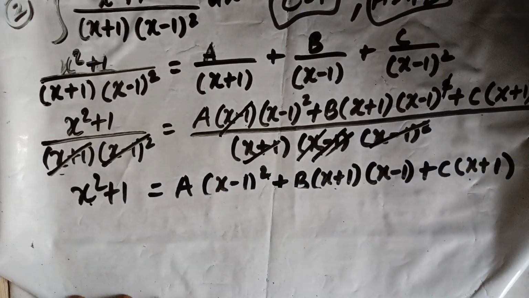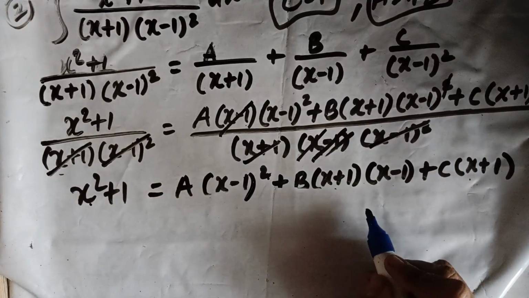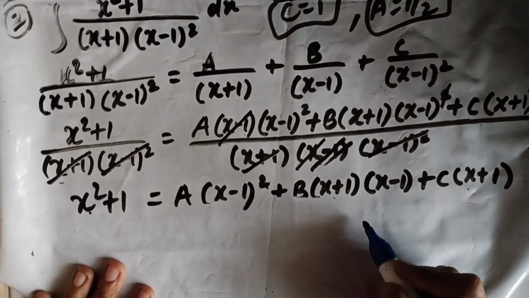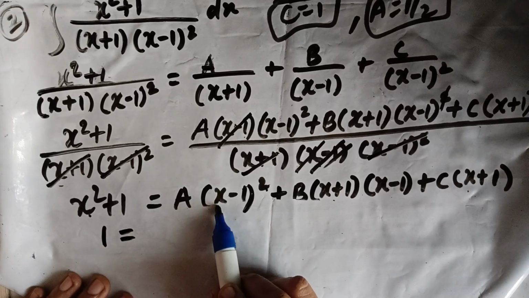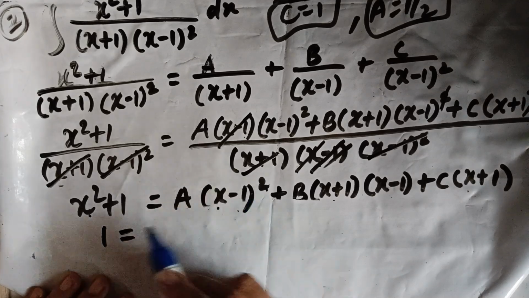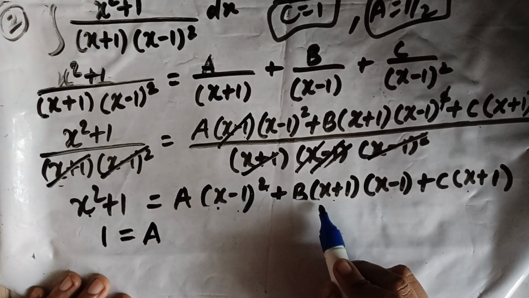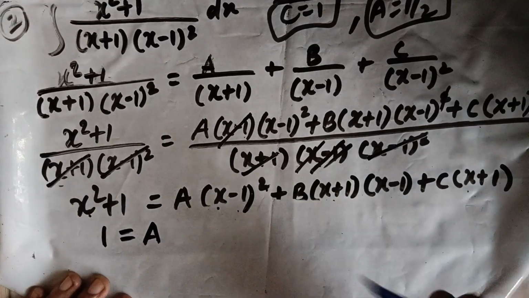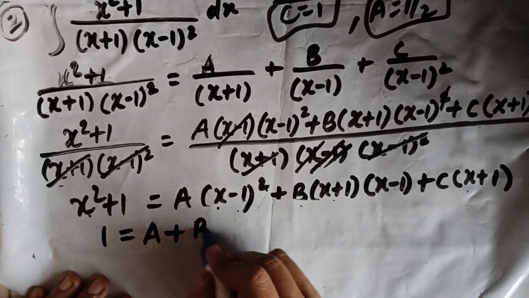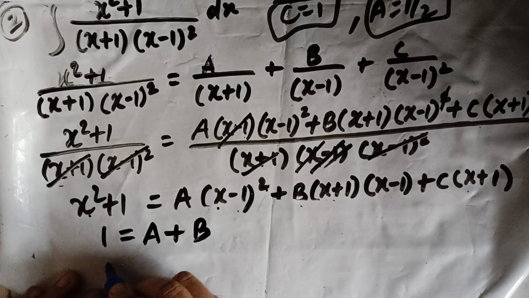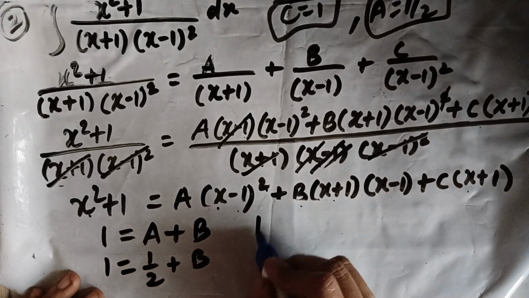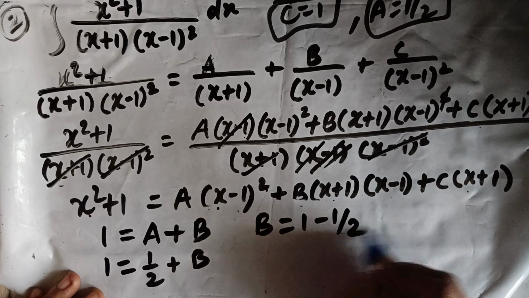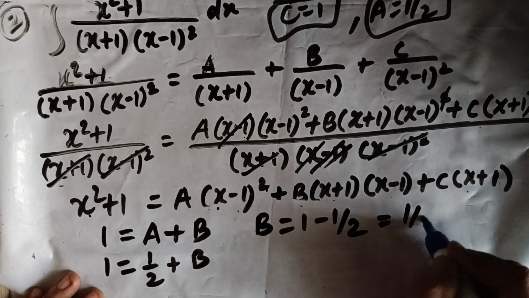Now you can compare the coefficients. Comparing the coefficients of x square, this will be x square minus x plus 1. So this is A, x square, and B. A is half, so B is equal to 1 minus half, so it is half.